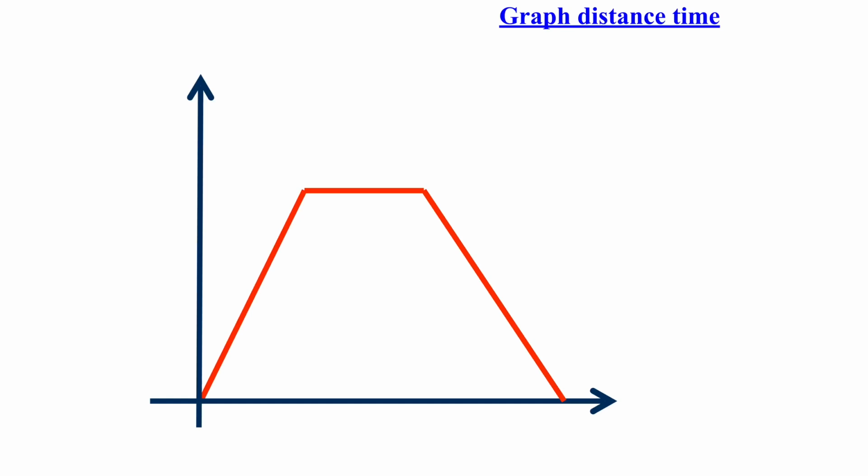For this distance time graph, we have the positive gradient, followed by the horizontal gradient, and also the negative gradient. So this graph consists of three parts with different gradients.